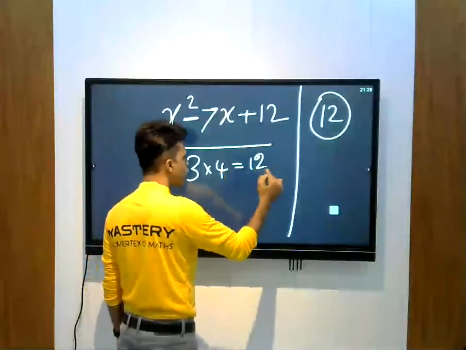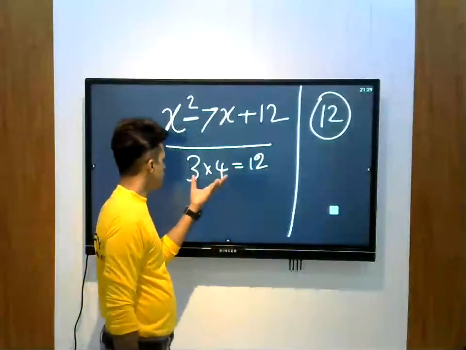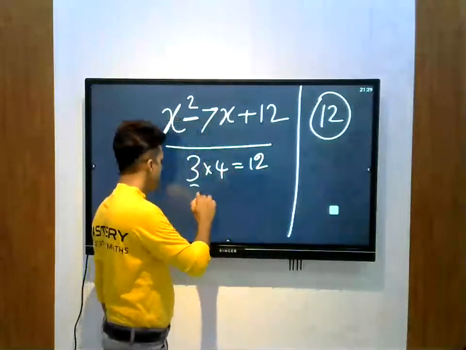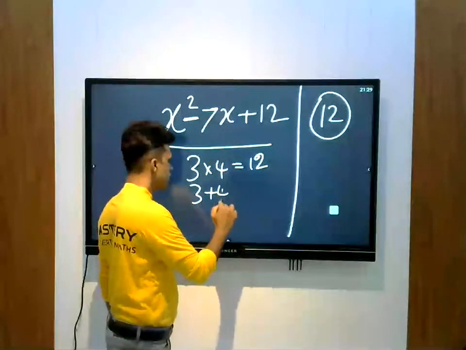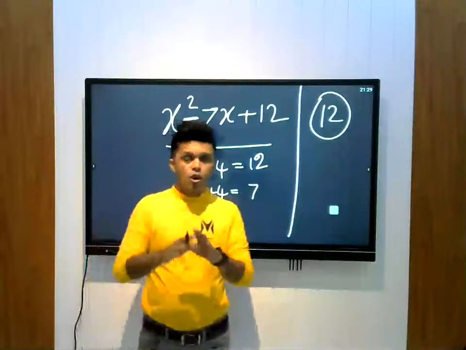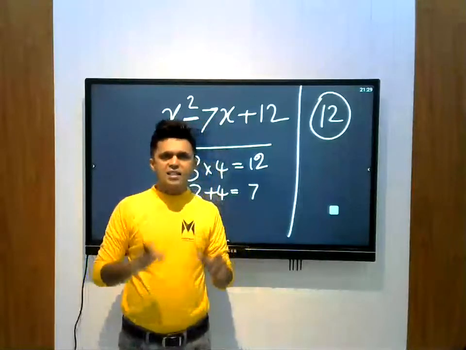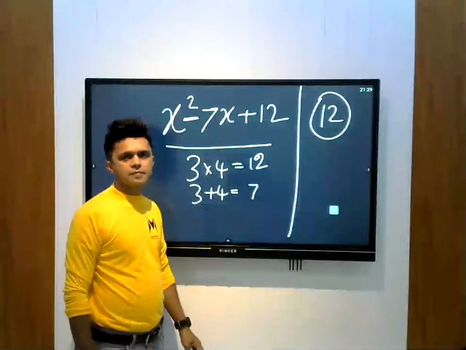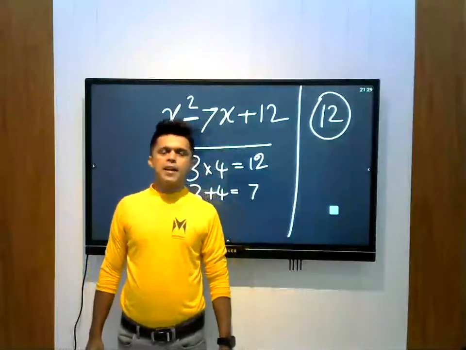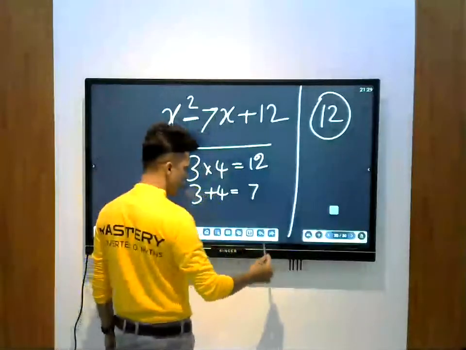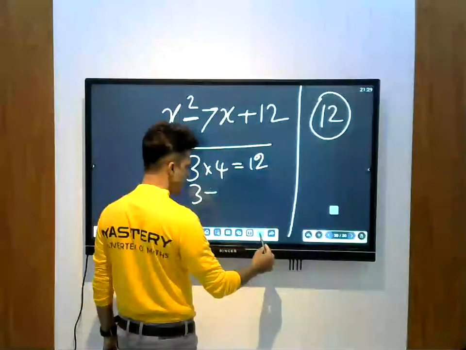That product can be taken. Not only that, when you add these two, 3 plus 4 is 7. But don't forget that we have to get minus 7 here. How can we get minus 7? Think of this.